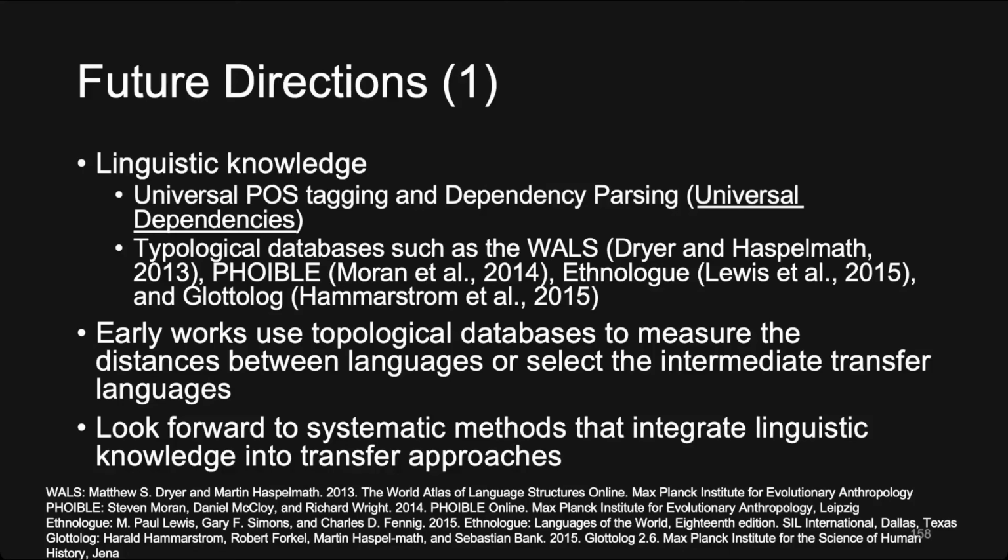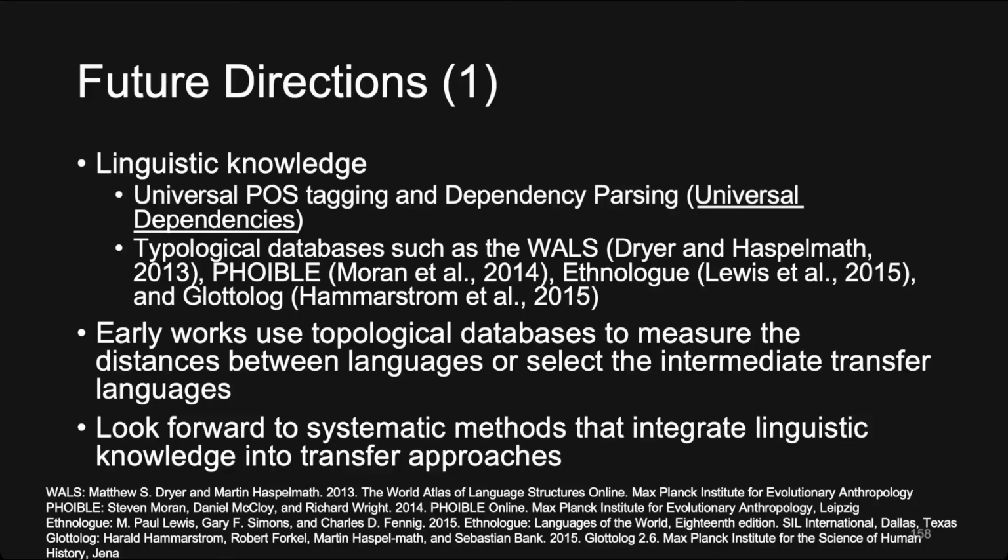The efforts of universal POS tagging and universal dependency parsing want to set up standard syntax analysis schemas across all languages. In this way, all languages can represent their syntactic structures using a uniform schema.